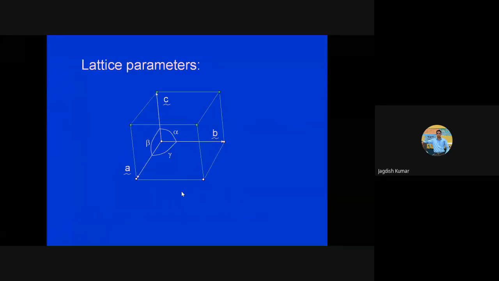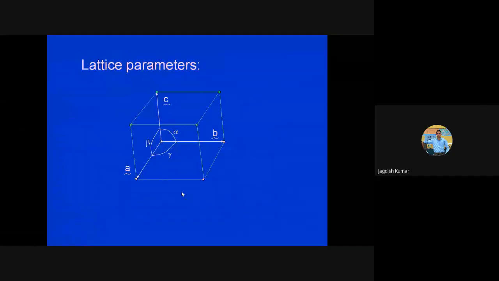Now, depending upon the lengths of these vectors in the 3D case, to define 3-dimensional periodic structures, we have different options. These options may be called lattice parameters.